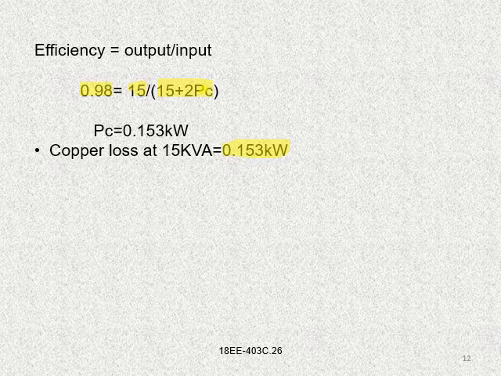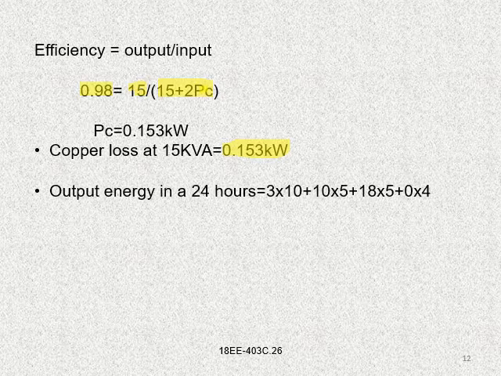The copper losses at 15 kVA is 0.153 kW and the iron losses are also the same. So now the output energy in 24 hours is equal to kW into time: 3 into 10, 10 into 5, 18 into 5.